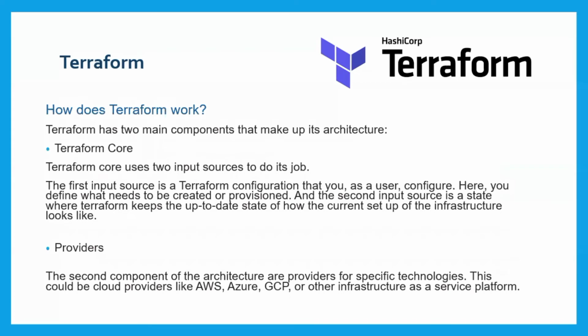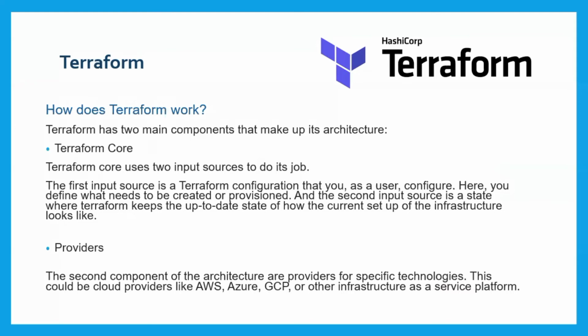Now the next topic is how Terraform works. Terraform has two main components that make up its architecture. The first is Terraform core and the second is the provider. We already discussed all these components, right? The Terraform core will have two input sources.